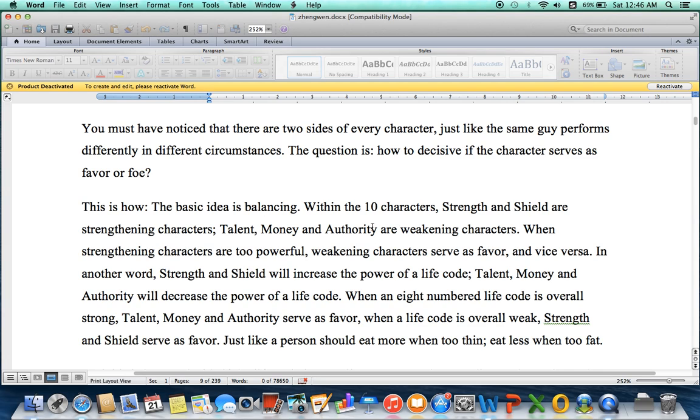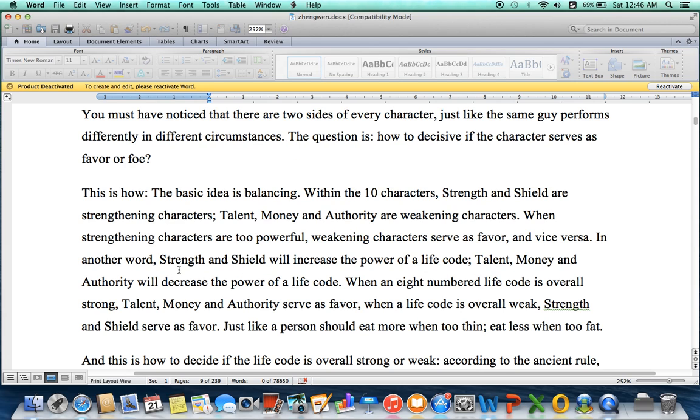If the weakening characters are too powerful, strength and shield serve as favor. So when the strengthening characters are too powerful, weakening characters serve as foe. In other words, strength and shield will increase the power of a life code. Talent, money, and authority would decrease the power of a life code.